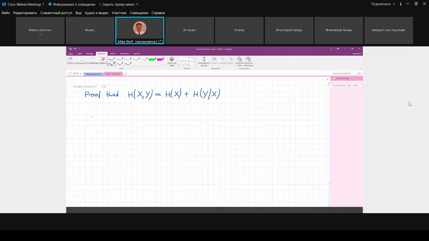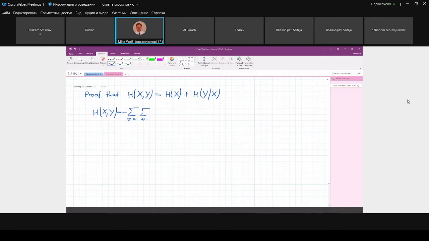So we say H of X and Y is nothing else than a sum. We consider all possible combinations of the realizations x and y. So we take a look at all x and all y. It's good to put the minus sign here because of the dual logarithm.